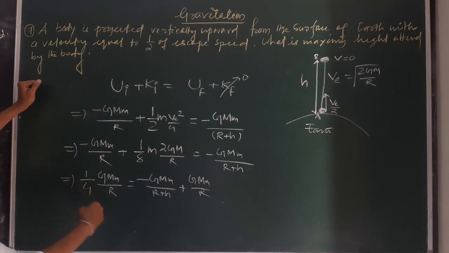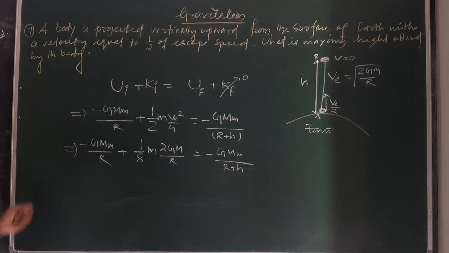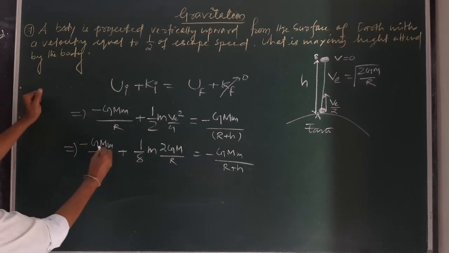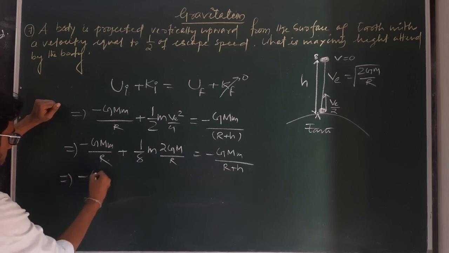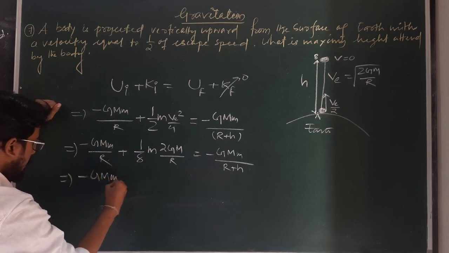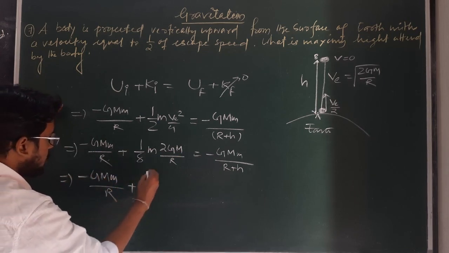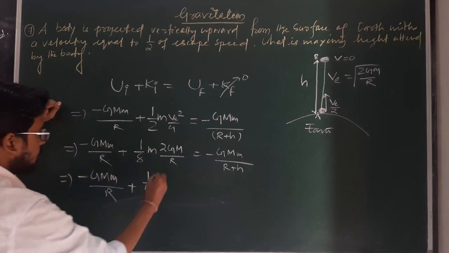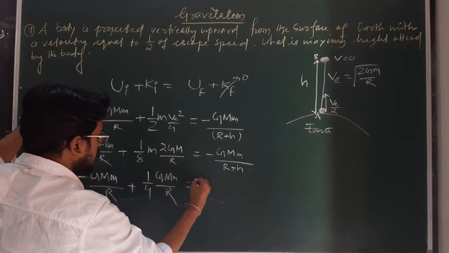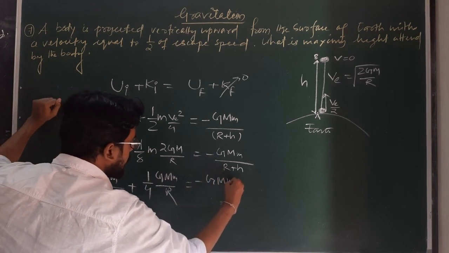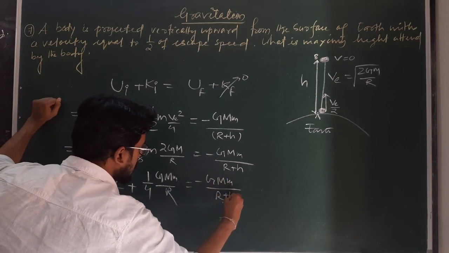So now, by solving this directly, we can write this as minus GM by r plus 1 by 4 GM by r, which is equal to minus GM by r plus h.